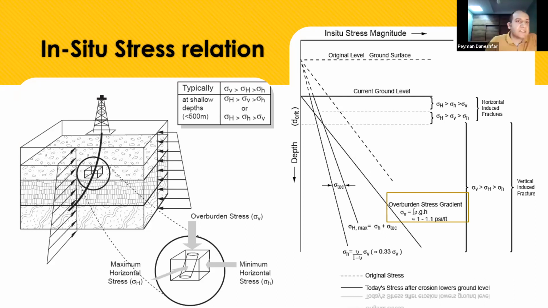It means the tectonic stresses. Keep it in your mind again about the shallow depths, and greater than the shallow depths, which means greater than 500 meters. It's just an approximate quantity.